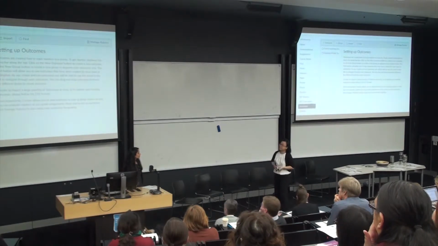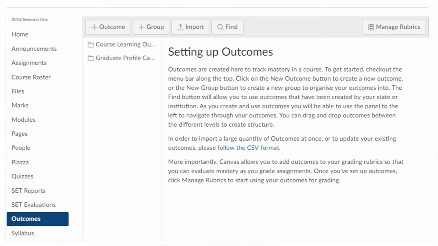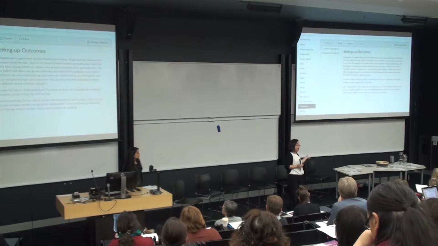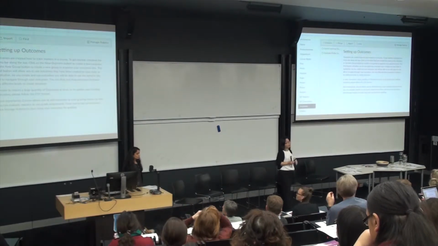The next few slides are just letting you have a quick view of where it is, for those who are not using outcomes within Canvas. Within Canvas, you will see an Outcomes tab on the panel, and that's basically how you could set it up to match your outcomes, whether from your course outline and whatnot.